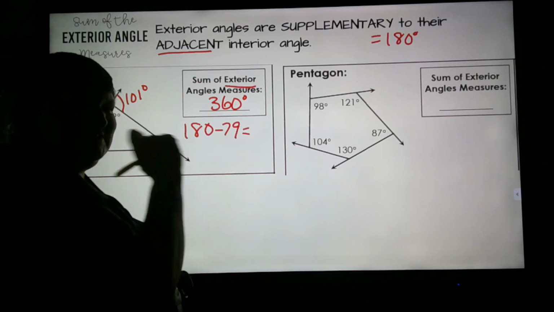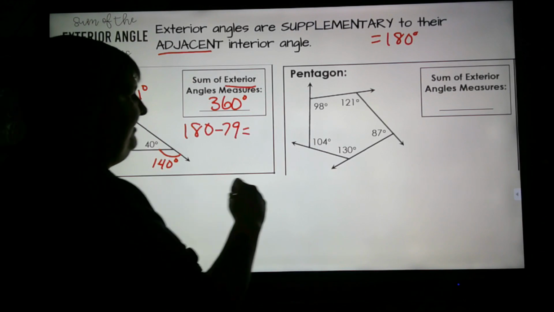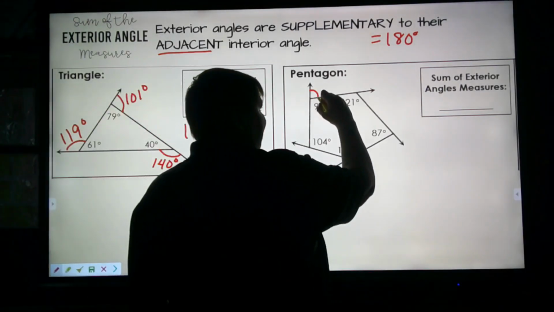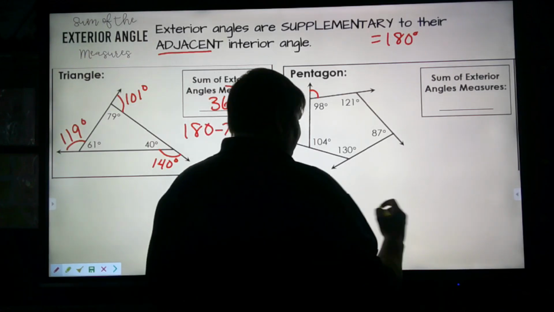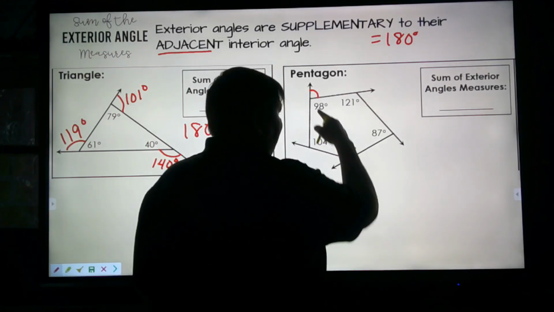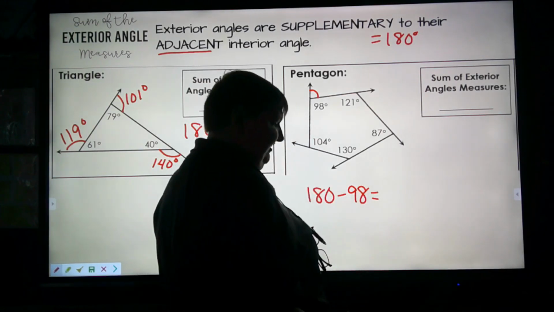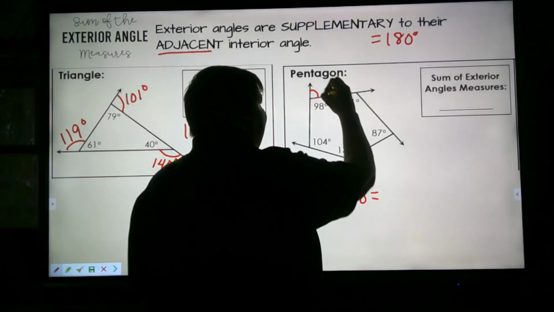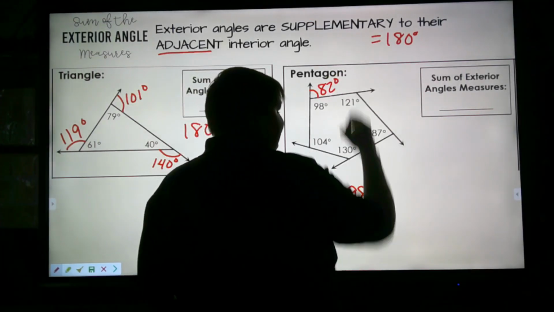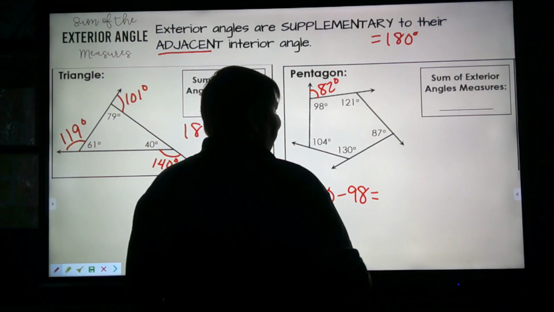Let's see if that works on the second one. All right? So if I want to find this angle, first thing I do is mark it. Then I do 180 minus 98. What's that going to give me? 82? 82 degrees. Don't forget the degree symbol.